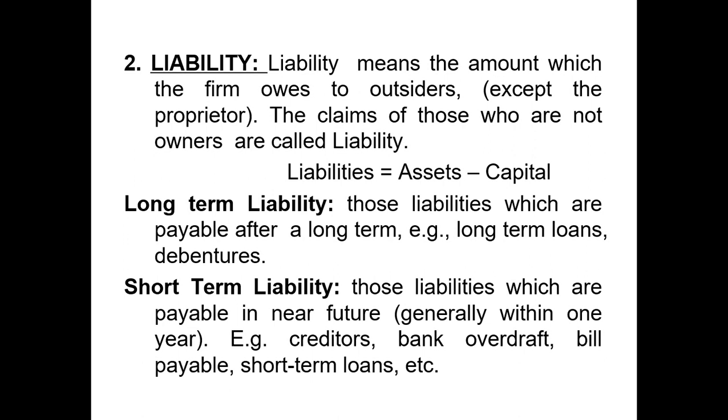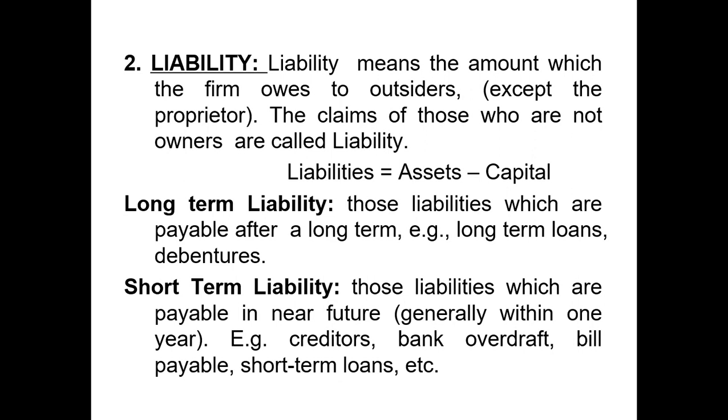Next very important term that we are going to discuss now is liability. Liability means the amount which the firm owes to the outsiders except the proprietor or the owner. Liability is nothing but the obligation which is created.